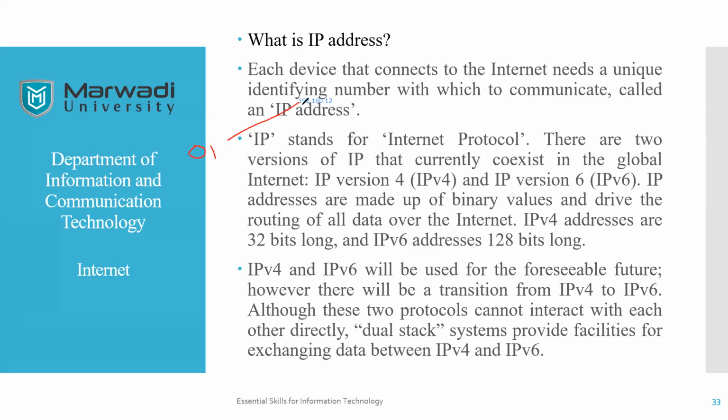What is the binary of 9? 0 1 1 0 1. So your IP address contains binary values. Whenever your IP address comes onto the internet, it will be routed using its binary value.